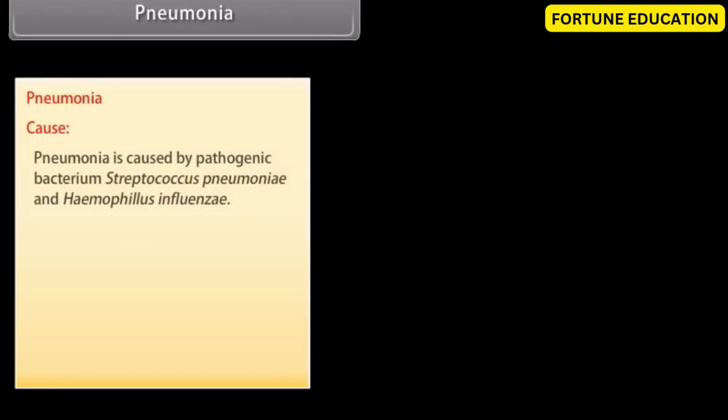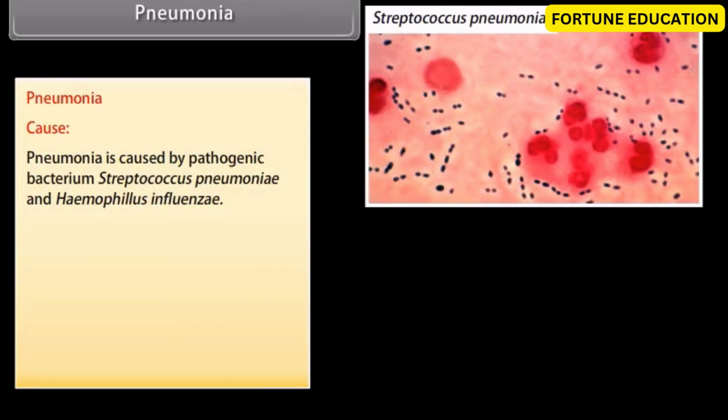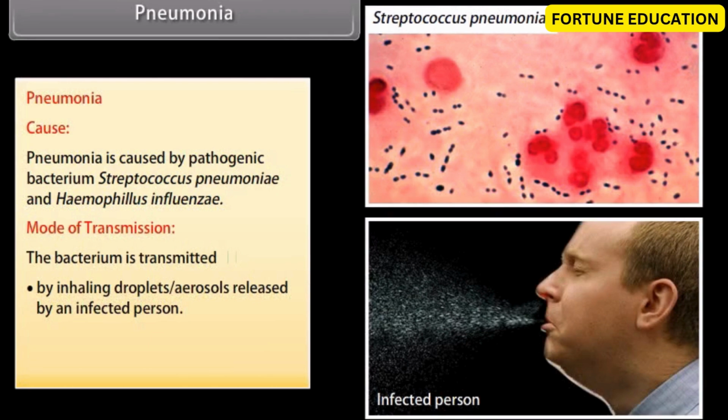Cause. Pneumonia is caused by pathogenic bacterium, Streptococcus pneumoniae and Haemophilus influenzae. Mode of transmission. The bacterium is transmitted by inhaling droplets, aerosols released by an infected person, by sharing utensils with an infected person.